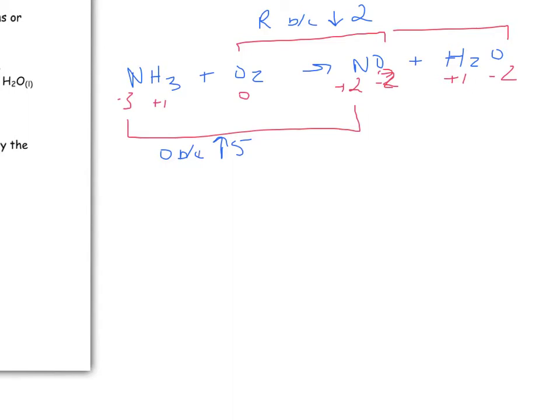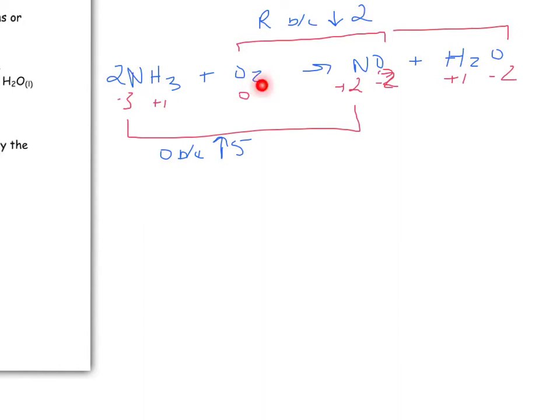Because the increase and the decrease in oxidation numbers need to be the same, I need to try and make them both equal 10. In order to make my increase equal 10, I need 2 nitrogens to be oxidized. And in order for my decrease to equal 10, it means I'll need 5 oxygens.